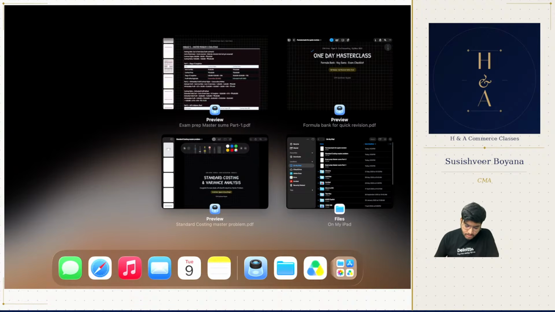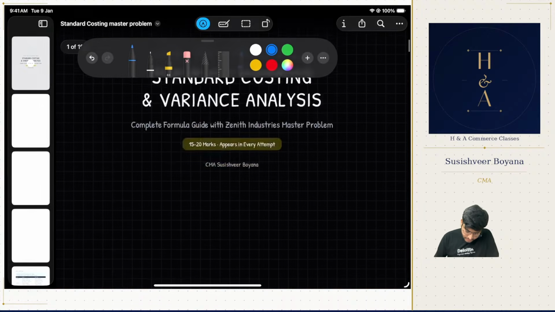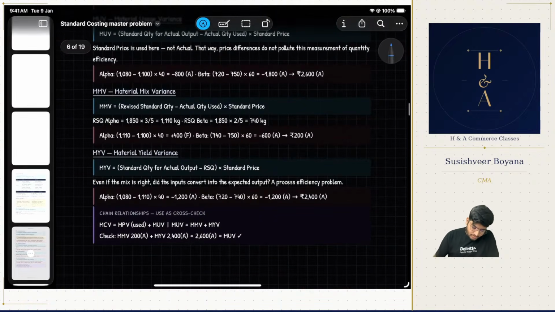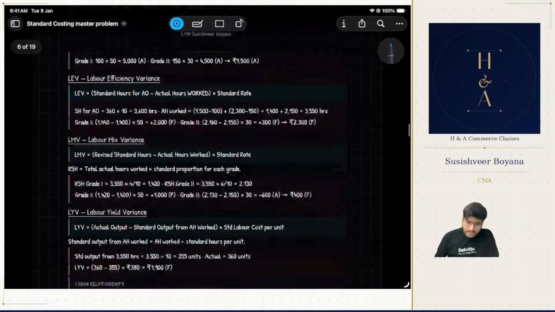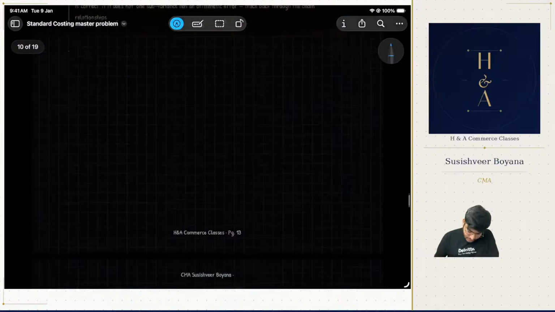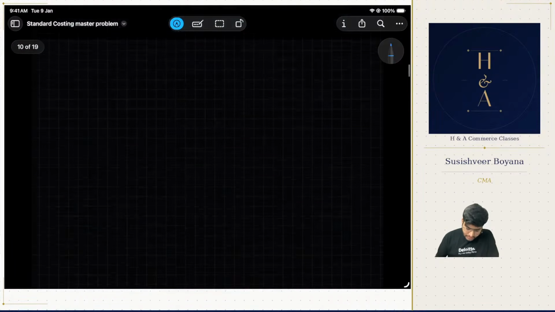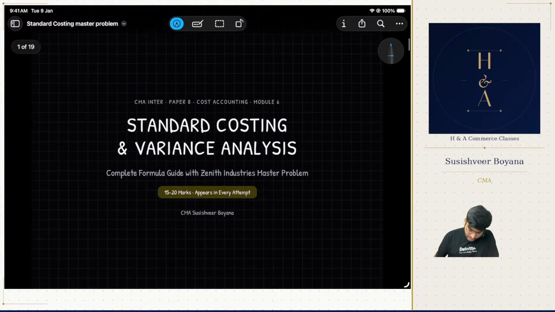We will try to look at one master problem that I've created, which is going to cover all sorts of variances, including the reconciliation part. All right. So this is what I've planned for. So without wasting any further time, let us get into it.